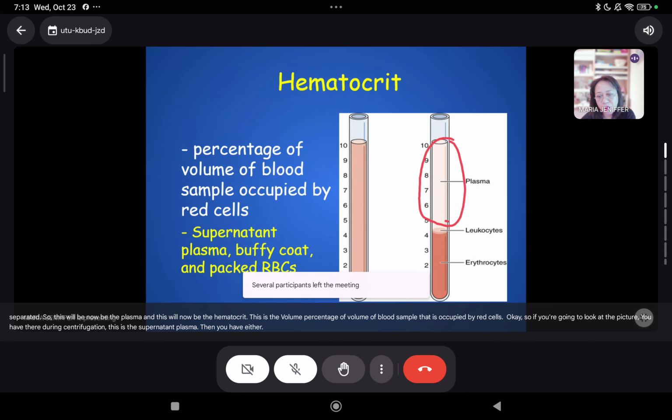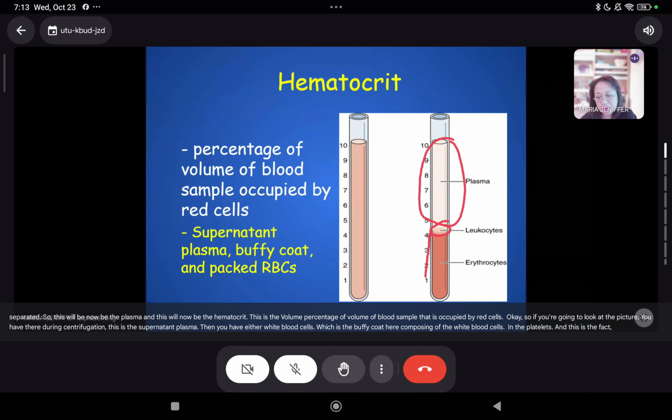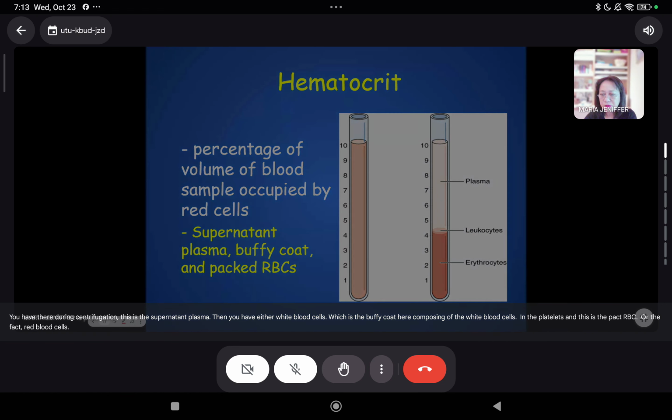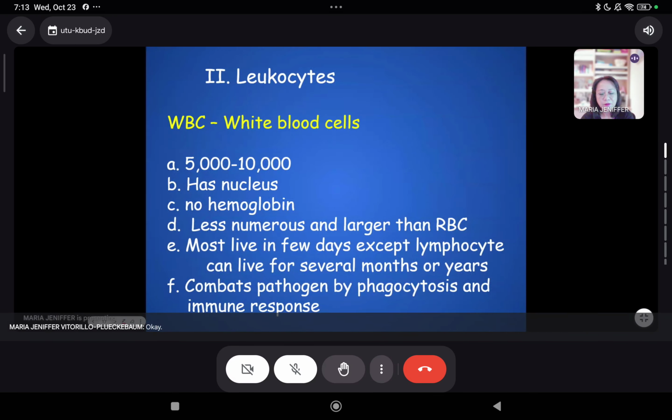Then you have here the buffy coat, composed of the white blood cells and the platelets. And this is the packed RBC, or the packed red blood cells. Okay, so that's with the red blood cells.